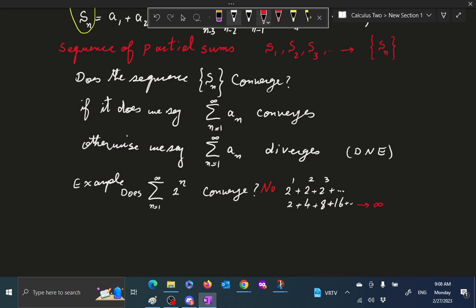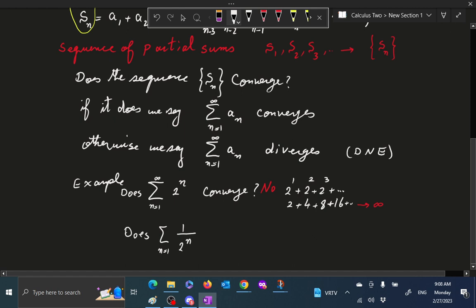What's an example of something that we might sense converges? So here is another question that you might be familiar with. How about the sum of 1 over 2 to the power of n, as n goes from 1 to infinity? Does this one converge?